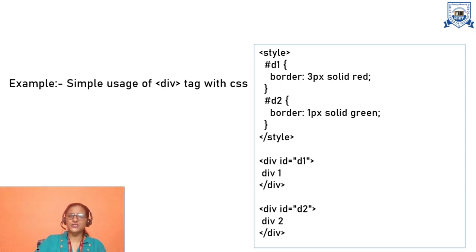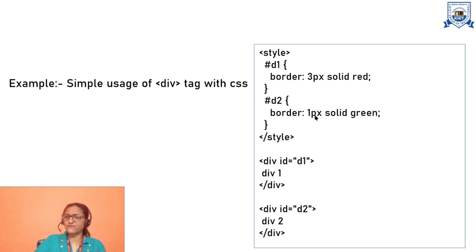Now, a simple usage of the div tag with CSS, what we have done. This symbol is for ID, D1. We have declared over here border, 3 pixel and solid red. For D2, the border is this. Now, when we are taking the div tag with ID equal to D1, the border will have this effect. And for the div with ID D2, if now in this case we are taking another div, it will have the effect of D2.